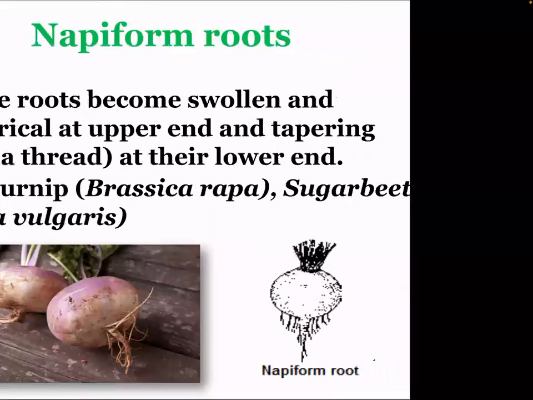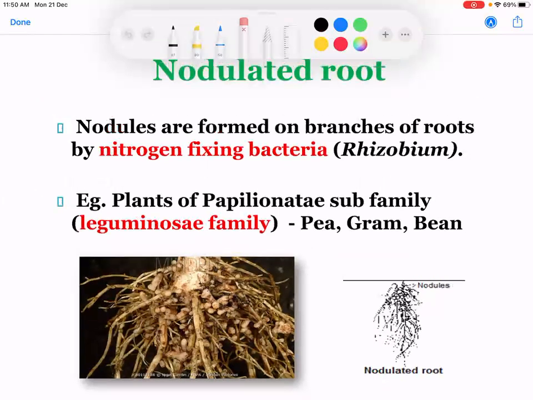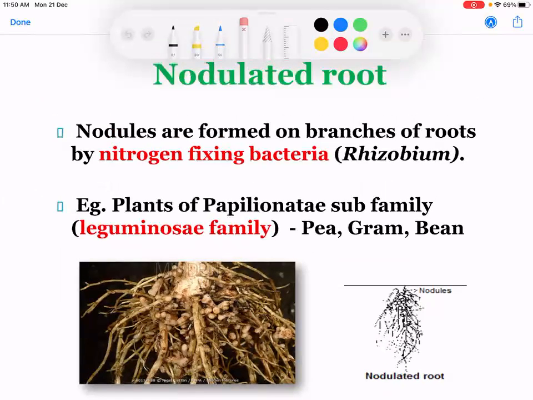Now, the fourth one, nodulated root. If you see the diagram, it is a root system of the Leguminosae family, legume plants or leguminous plants. What are legumes?